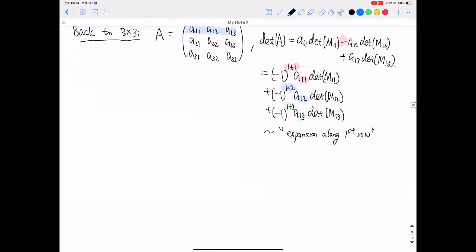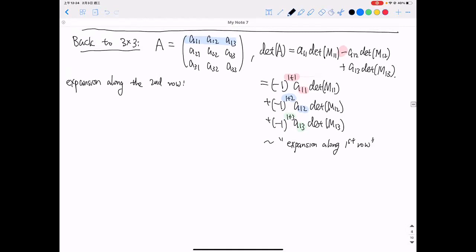Now, there's nothing really special, as it shouldn't be, about the first row. So what if you write down the expansion along the second row? That would be the following.